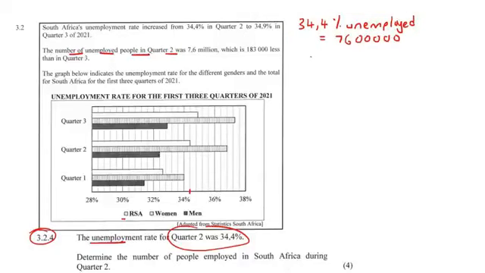What percentage of people will be employed in quarter 2? If 34.4% are unemployed, then how many will be employed? See if you can work that out. Well done if you realize that you can just say that the employed will be 100 take away 34.4. Because if 34.4% are unemployed, then the difference between that and 100 must be employed.